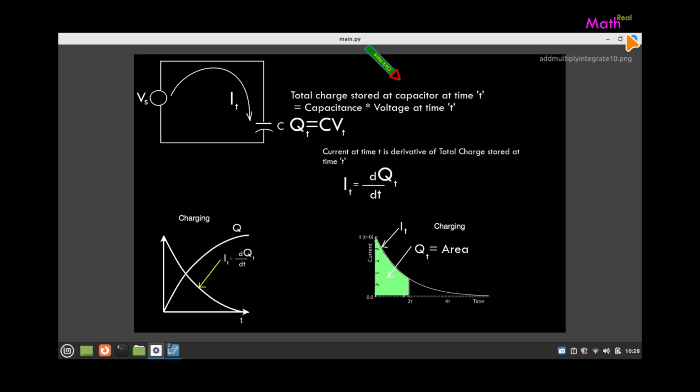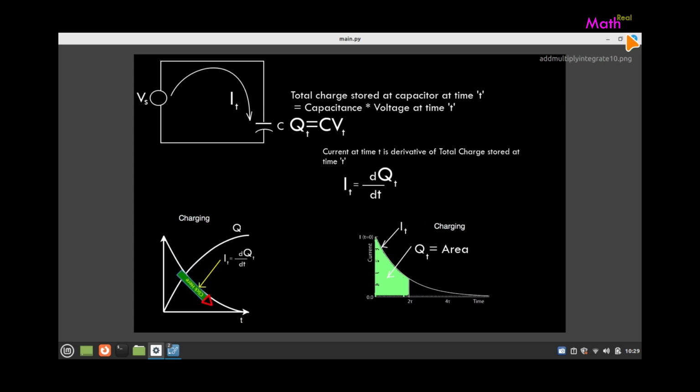Okay, so now we'll see a real scenario. Like I have a capacitor circuit. There is a voltage source, that is DC, and there is a capacitor. A capacitor is a kind of battery which stores charge. This is a typical curve that we can see as time proceeds.